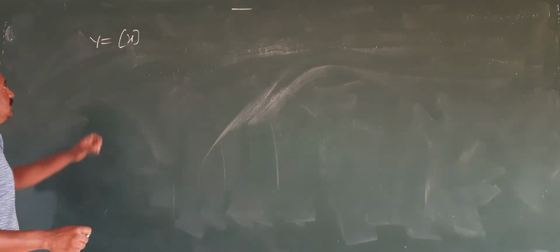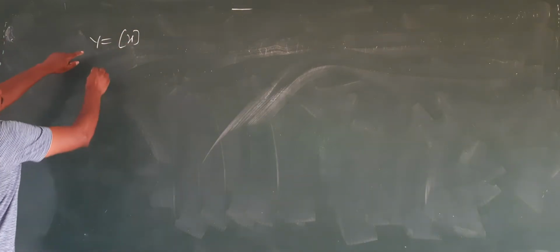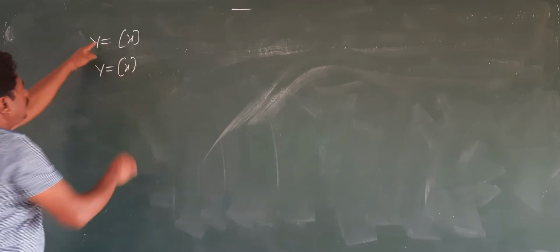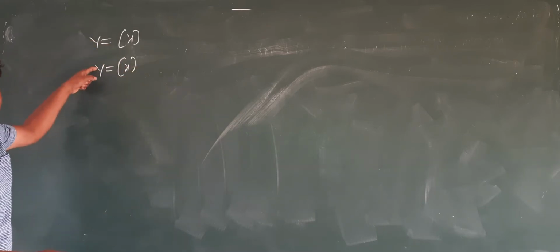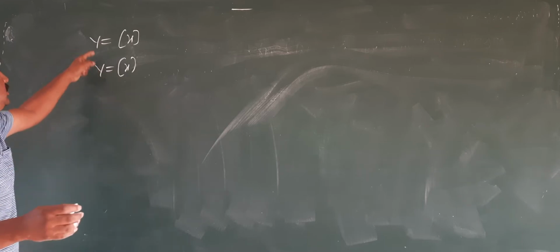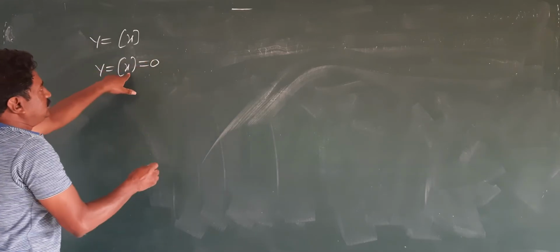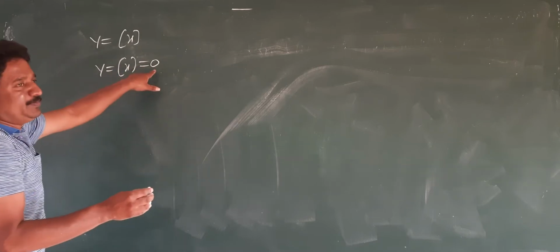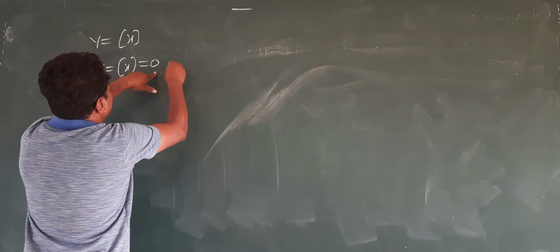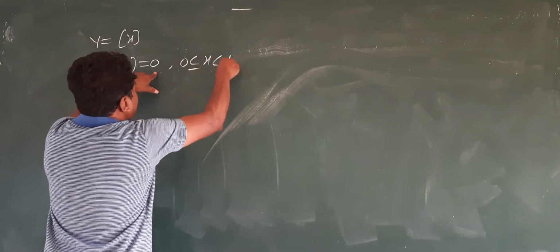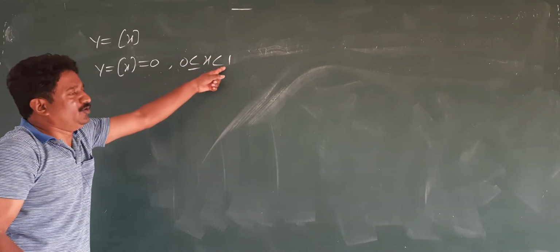Either y or f(x), both are the same; we represent functions either by y or by f(x). The value becomes 0. For what values of x does it become 0? For all x values varying from 0 to 1.